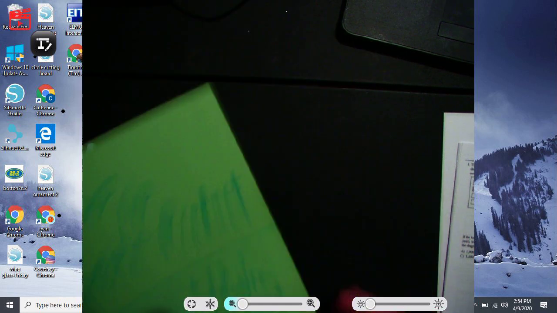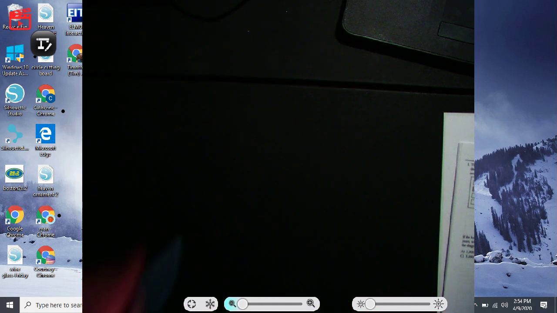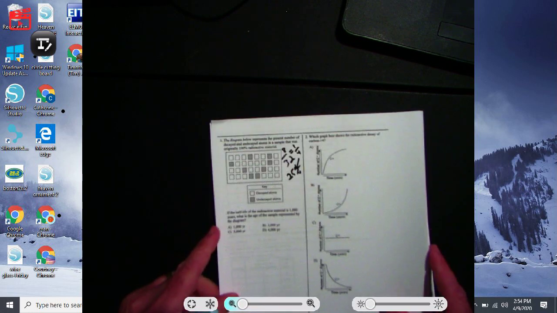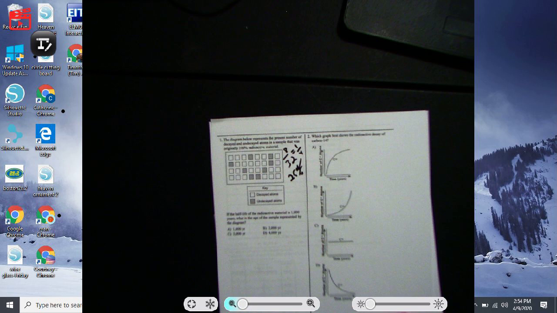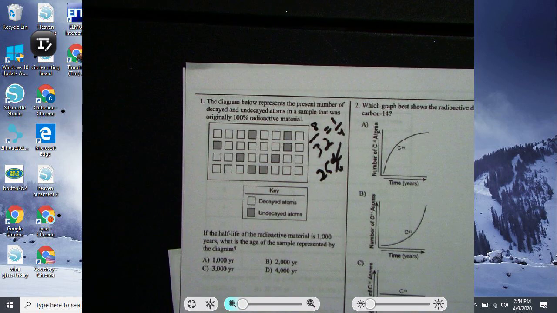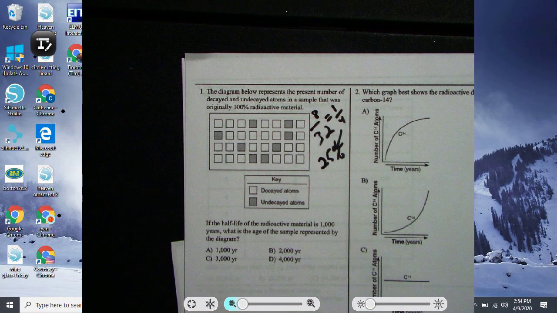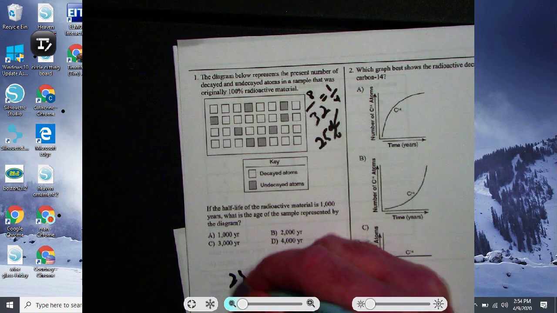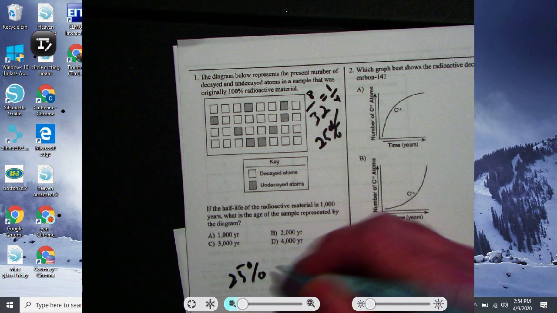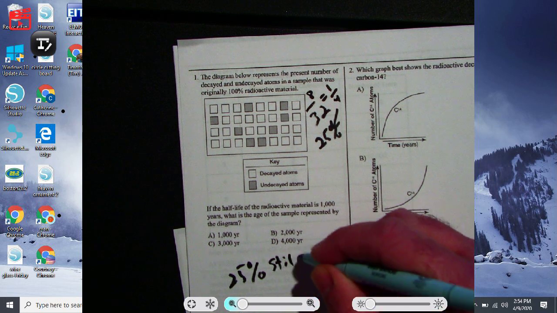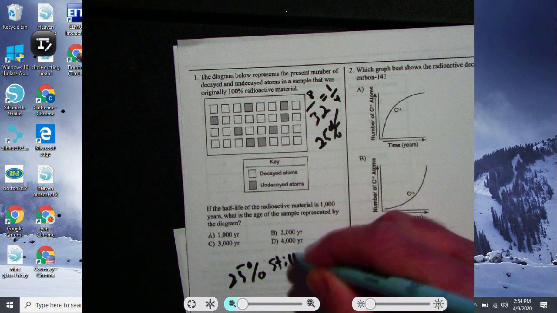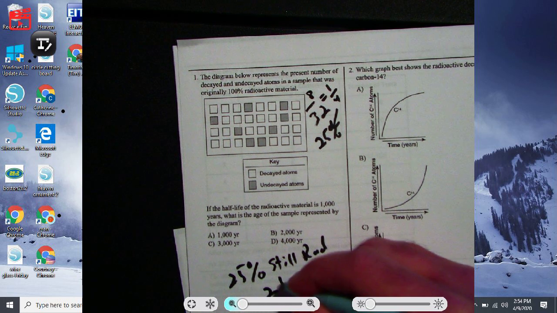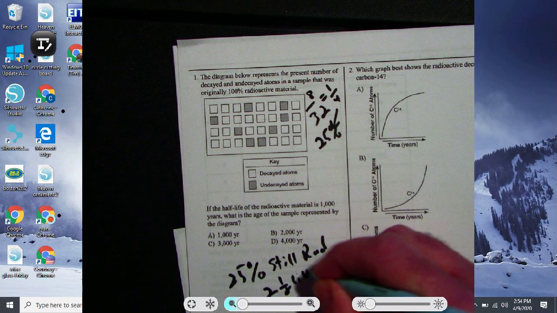All right, so let's go back to that first question now that you've seen that. So first question, got to zoom back in. Gave us a ratio of 1 to 4 or 25%. Now, if we remember, 25% still radioactive equals 2 half-lives. 2 half-lives.